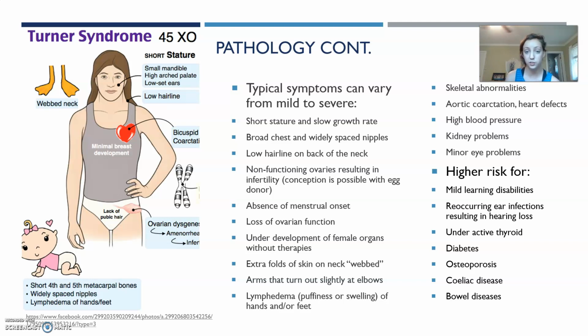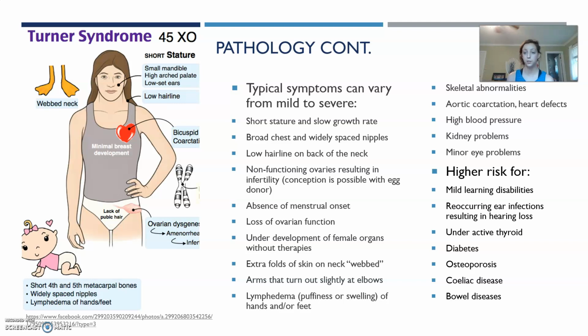These include short stature and slow growth rate, broad chest and widely spaced nipples, low hairline on the back of the neck, non-functioning ovaries resulting in infertility, although this can be overcome with other methods, absence of menstrual onset, loss of ovarian function, underdevelopment of female organs without therapy, and we'll talk about that in just a minute too, extra folds of skin on the neck called webbing, arms that turn out slightly at elbows, lymphedema of the hands and or feet, skeletal abnormalities, heart defects, high blood pressure, kidney problems, and minor eye problems.